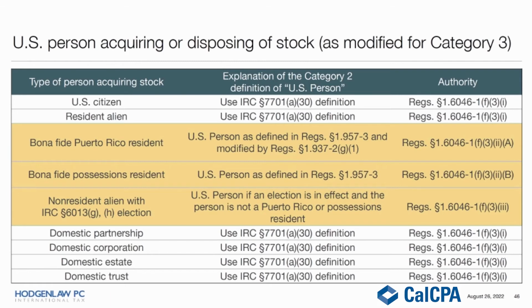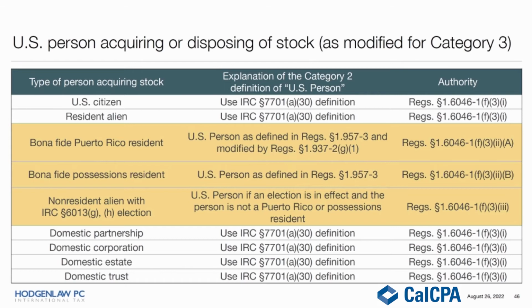It's category three, not two, but the same rule applies. And we're talking about people who are shareholders that, in addition to the normal definition of a US person, you've got these Puerto Rico residents, you've got possessions residents, and you've got these people who make these 6013G or H elections. So, yeah, be suspicious, check out everybody to make sure that nobody's moved up and down.